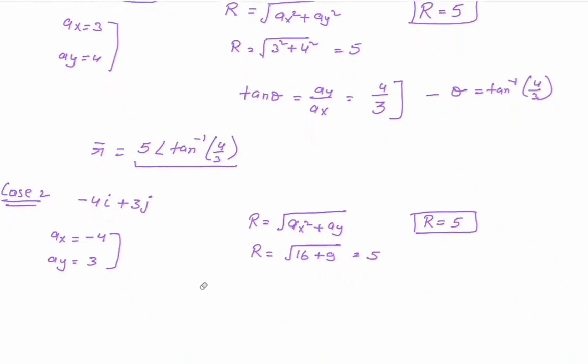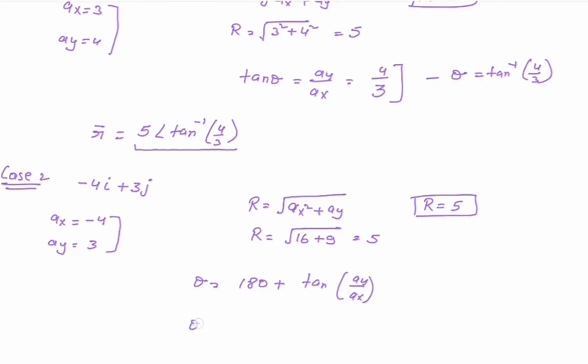Okay, now to how to find the angle? We know theta is equal to 180 plus tan inverse ay upon ax. As I already told, when ax is negative, use this formula, use 180 degree. Now, theta is going to be 180 plus tan inverse, ay is 3, ax is minus of 4.